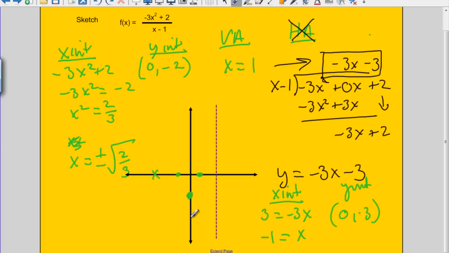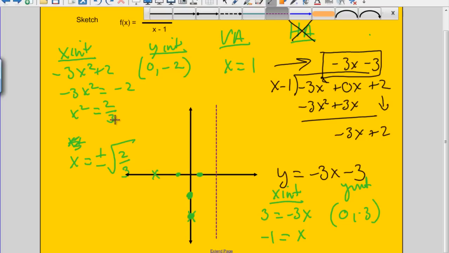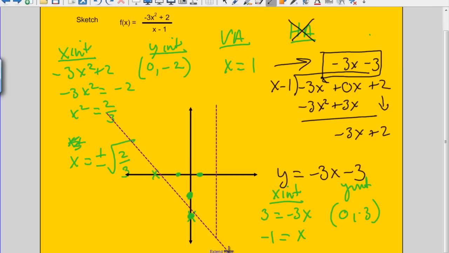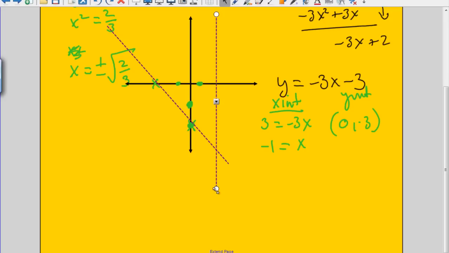And that would be about here. So we would take and draw an asymptote between those 2 points. And I'm just going to extend this slightly here just to show what actually happens with the asymptote. So that line gets extended and this line gets extended.